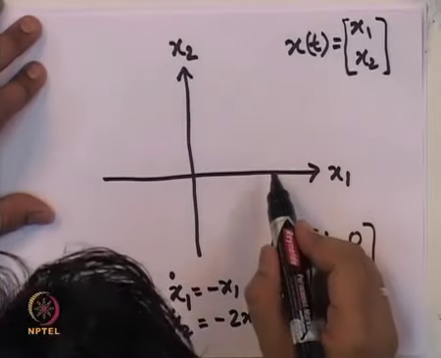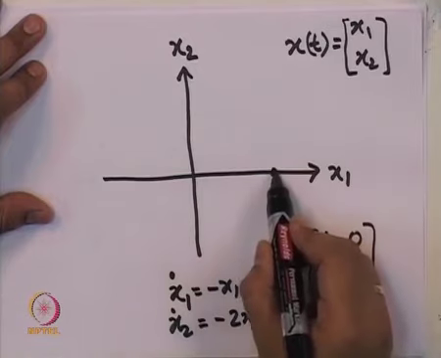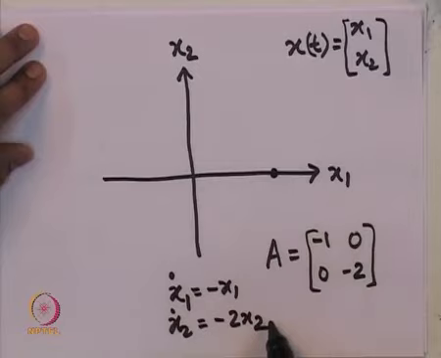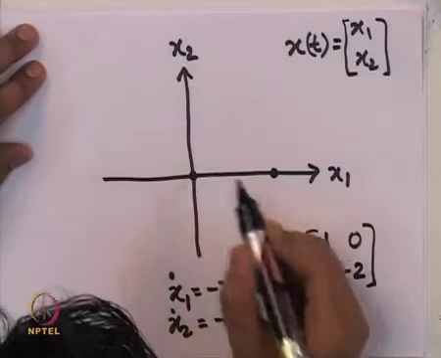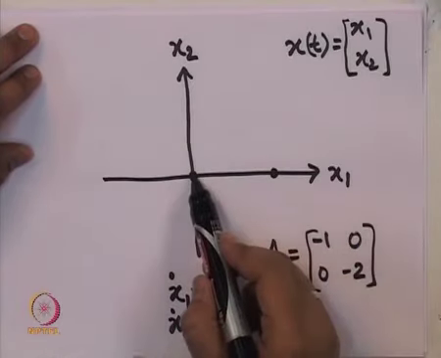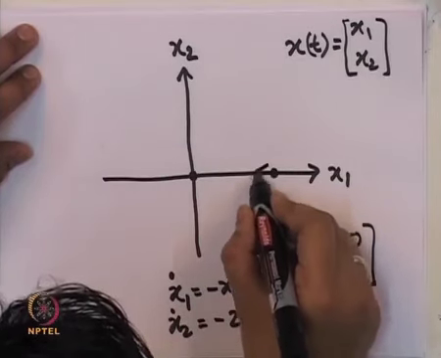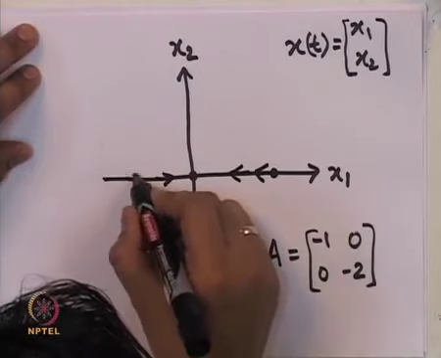So, we see that if we are along the x1 axis, to be along the x1 axis means x2 component is equal to 0, then x2 always remains 0, it continues to be 0. The origin itself of course is an equilibrium point, because A is non-singular, the origin is the unique equilibrium point. Along the x1 axis, we see that all arrows are directed towards the origin.